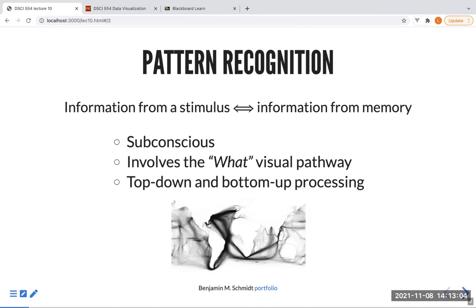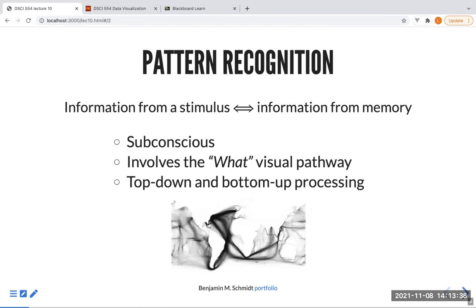So the people have looked from a physiological point of view of how it happens in the brain, and there is a model that we're going to look at that says that this is through a certain pathway in the brain, meaning that the information goes through certain particular areas in the brain that people call the what visual pathway, and we're going to look at that.